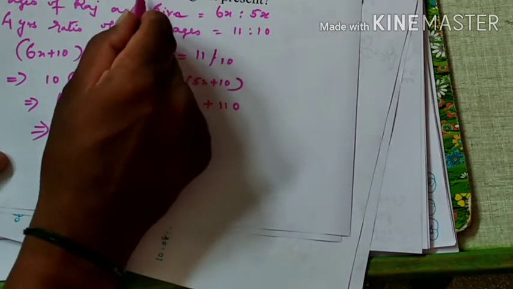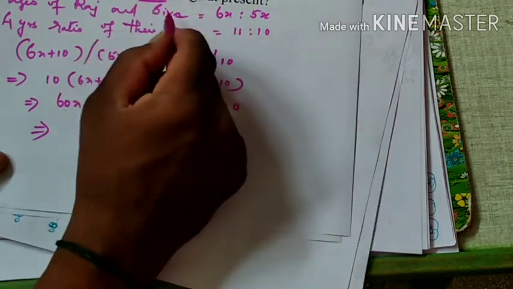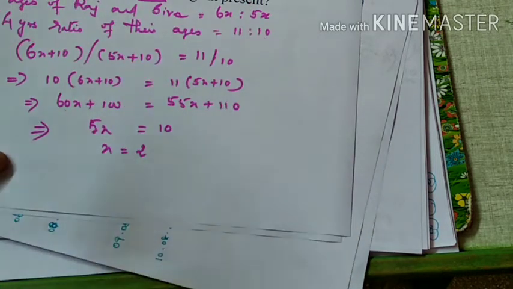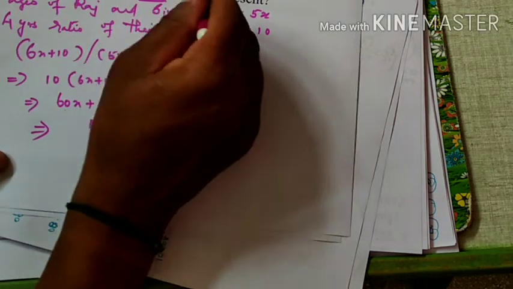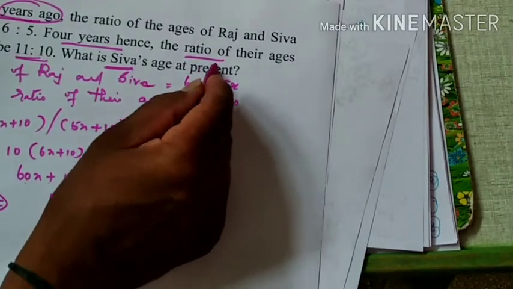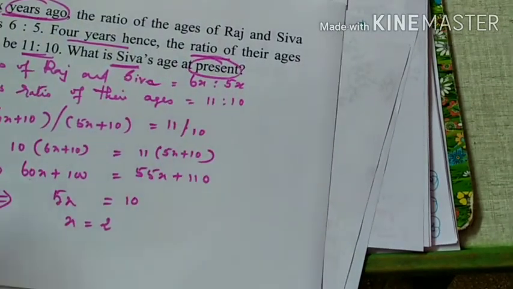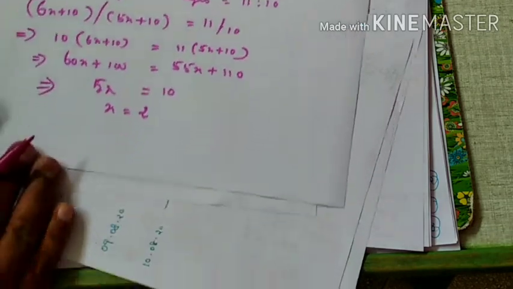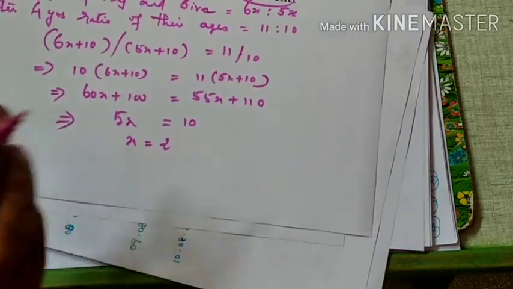What is it we are going to find out? Siva. Usually we assume Siva's age is 5x. Also one more thing we have to identify here: Siva's present age. Our aim is to find Siva's present age. Actually, the ratio is given only for 6 years ago. That's the reason we have to add 6 along with the result.